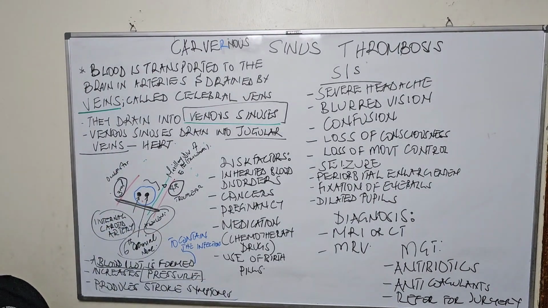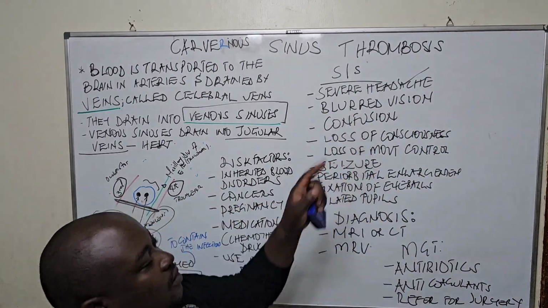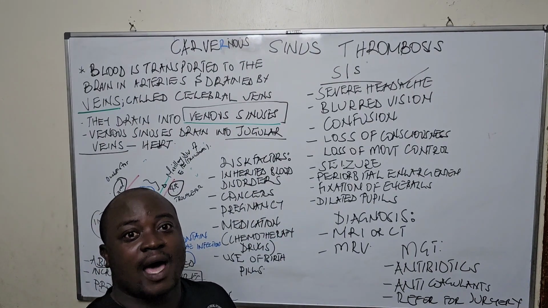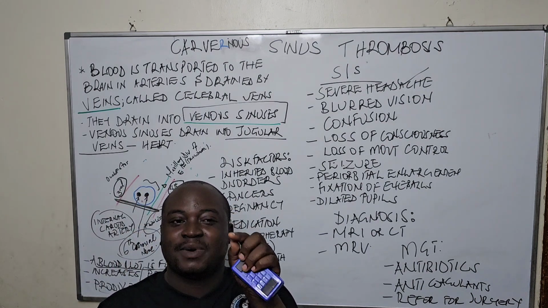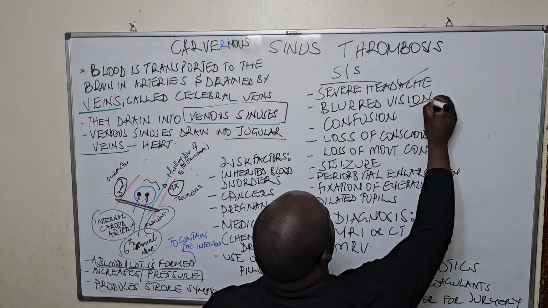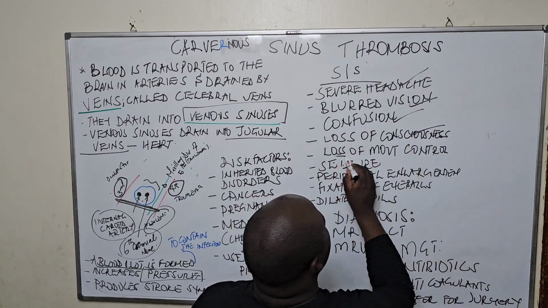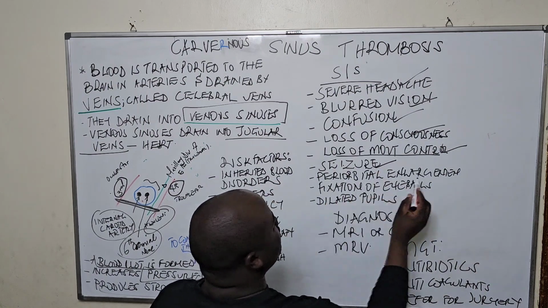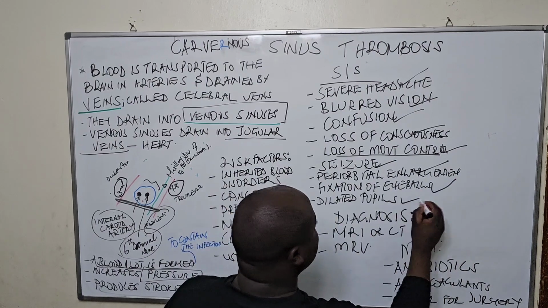What are stroke-like symptoms? We can easily get a strong headache, and most of the signs and symptoms come from the eyes and the face, where the blood is supplied from. Things like blurred vision, confusion, loss of consciousness, loss of motor control, seizures, periorbital swelling. We have fixation of the eyeballs and dilated pupils.